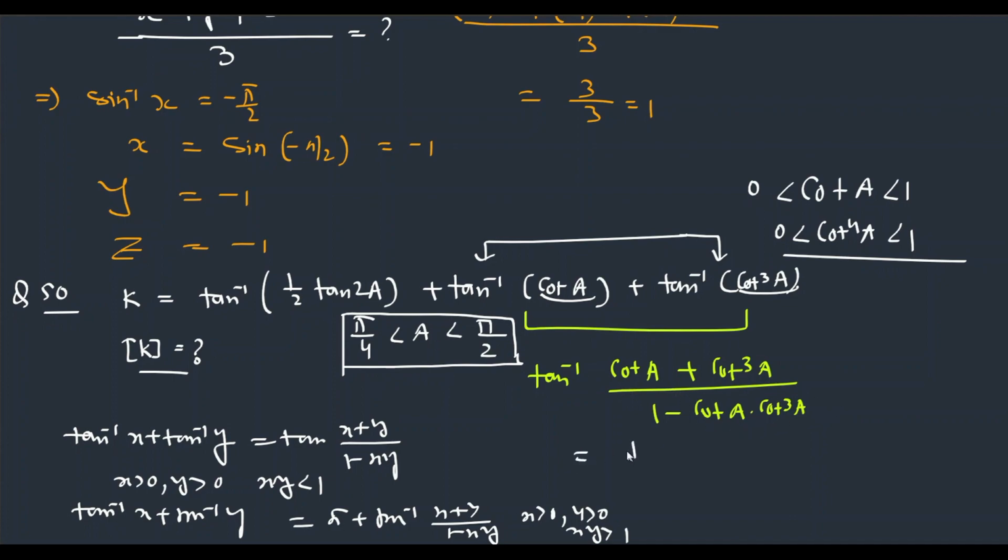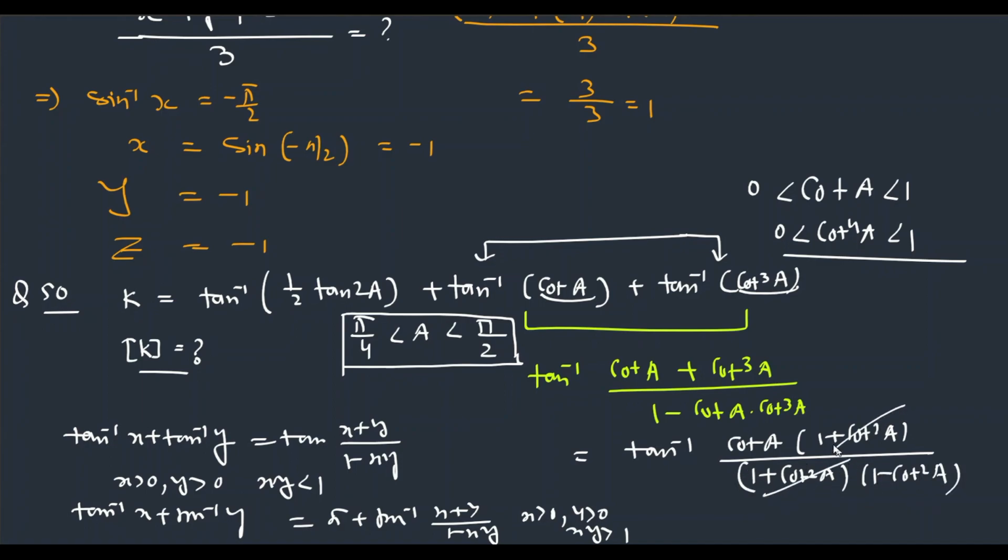Now in tan inverse, when we take cot a common, here we have 1 plus cot square a. In the denominator, if we apply the formula, it will be 1 plus cot square a into 1 minus cot square a. So this part cancels out. We have cot a by 1 minus cot square a. Now tan inverse of cot a over 1 minus cot square a.